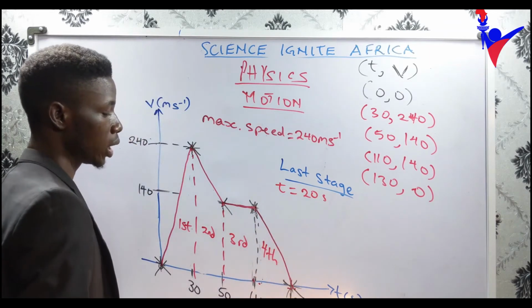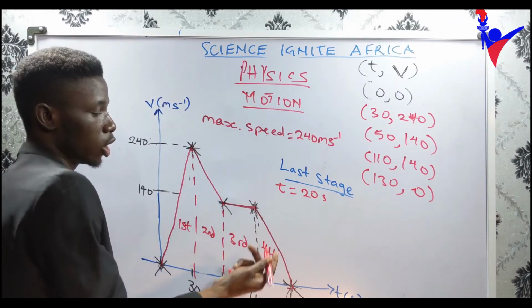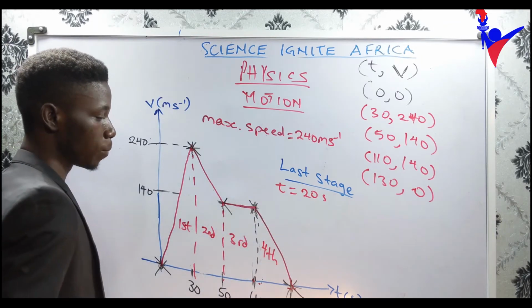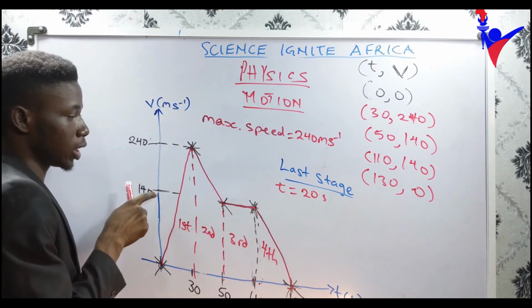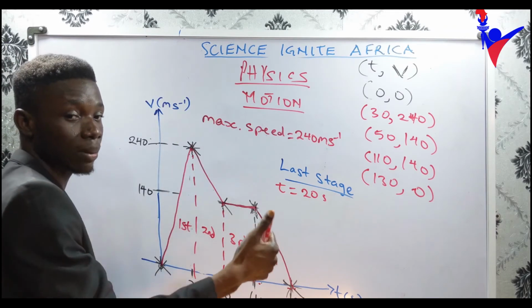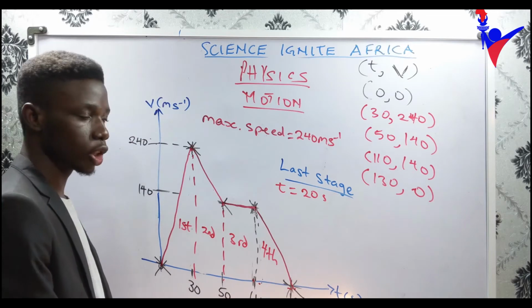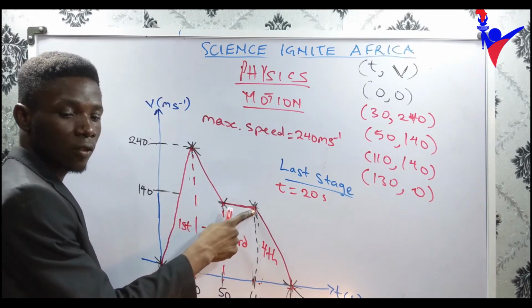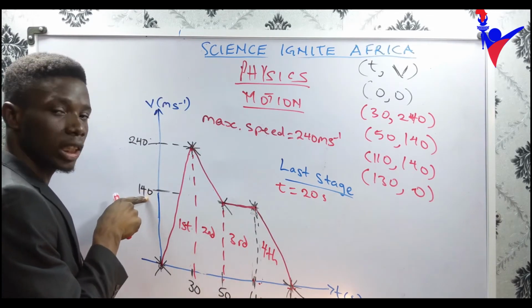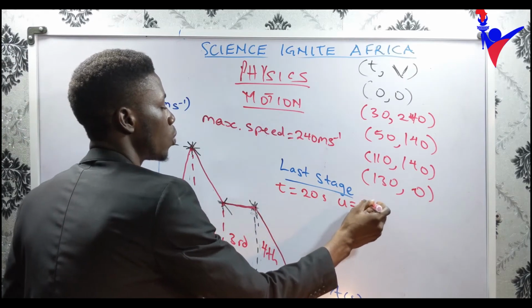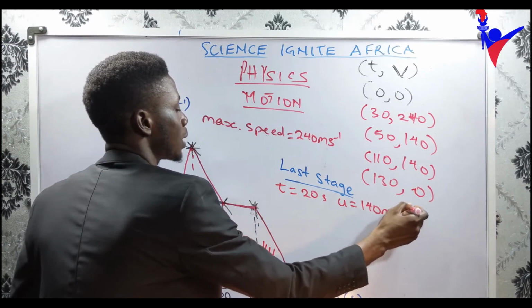Time is 20 seconds. And the initial velocity, because the last stage of the motion started here and ended here. If you trace this to the velocity part, the initial velocity, like I said the other time, is where you are starting from. So if the last stage of the motion is starting from here, then the initial velocity is 140 meters per second. So u equals 140 meters per second.